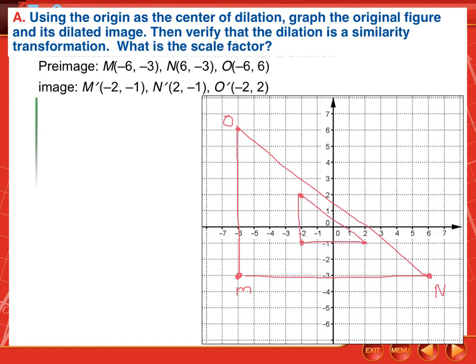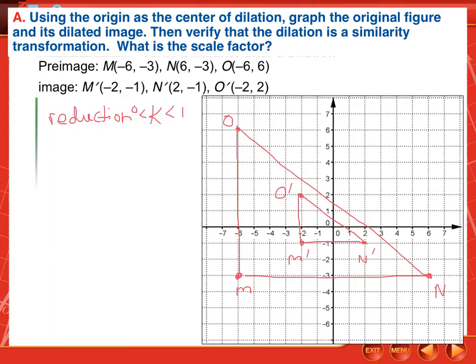I probably should have done this in a different color. Okay, so verify that it is a similarity. Well, we would look at the corresponding side ratios. Since we know that the after transformation is smaller, we know that this is a reduction. And consequently our K is going to be greater than 0 but less than 1.